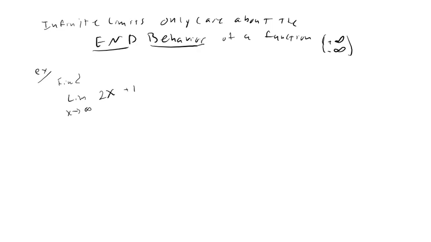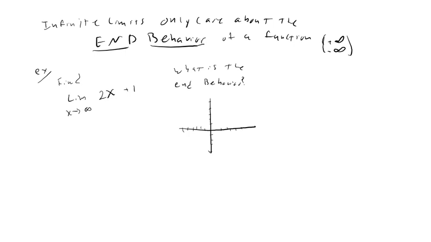So what is the end behavior? What does this graph, what does 2x plus 1 do as you get bigger and bigger? What does it look like? Well, if we look at the graph, 2x plus 1, we know this is a linear equation.